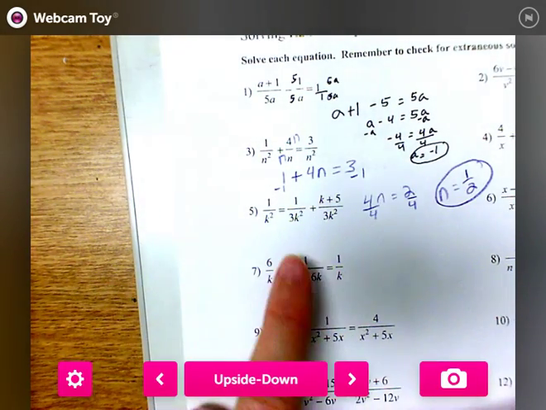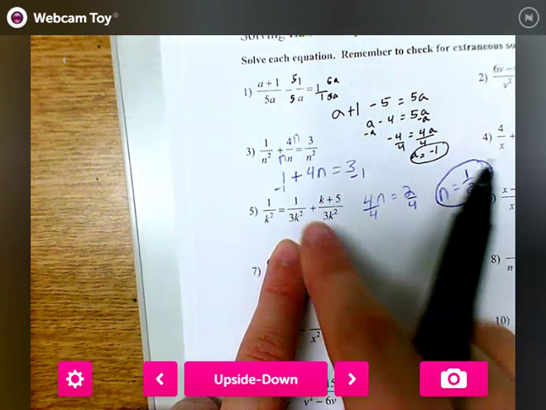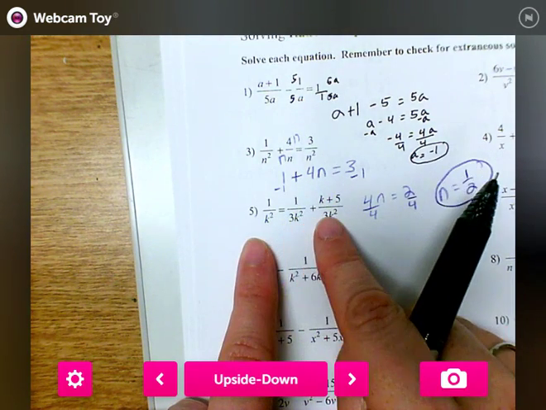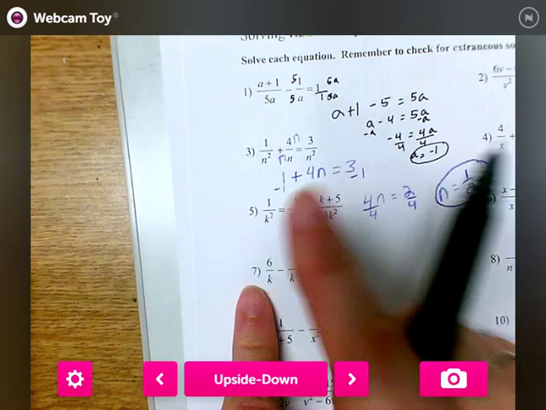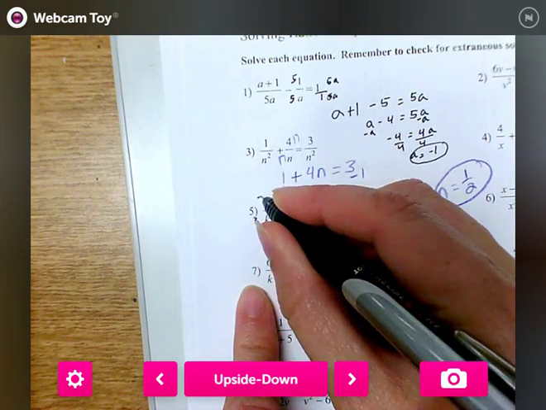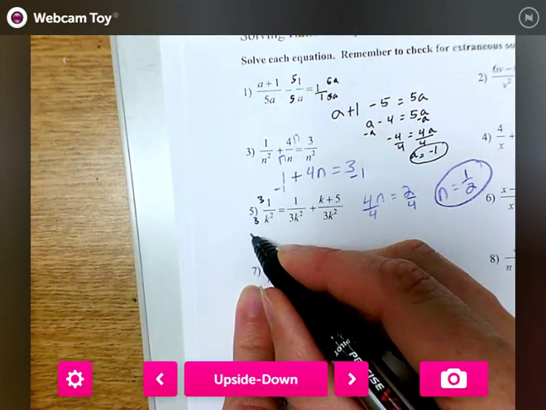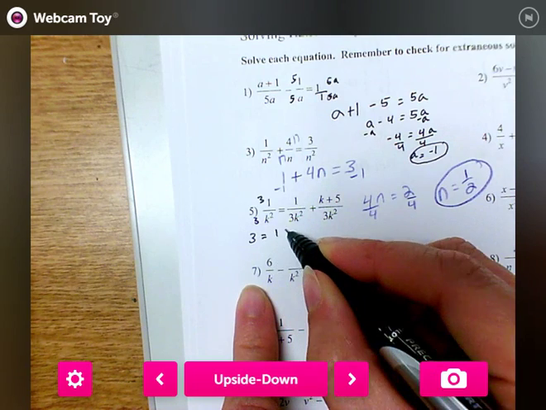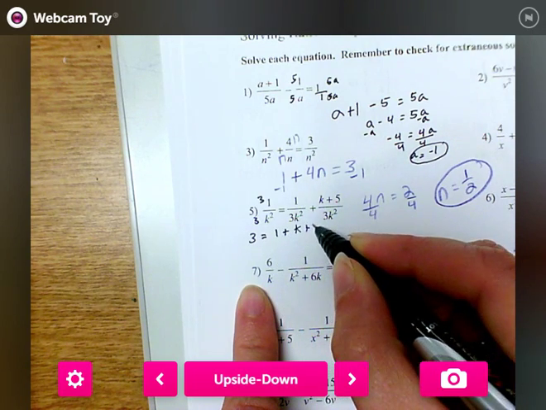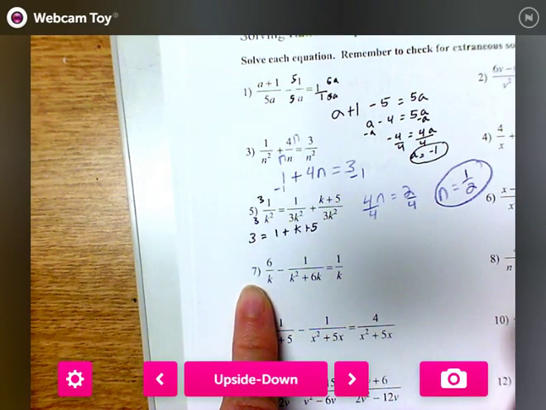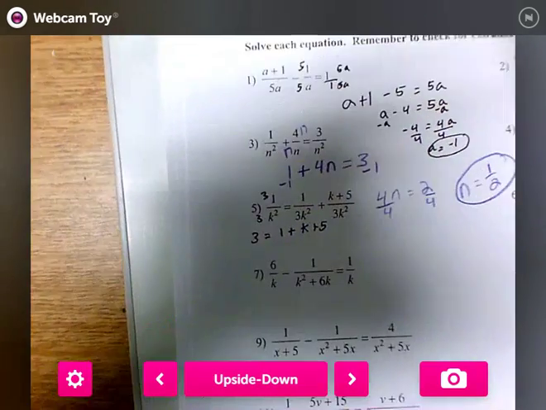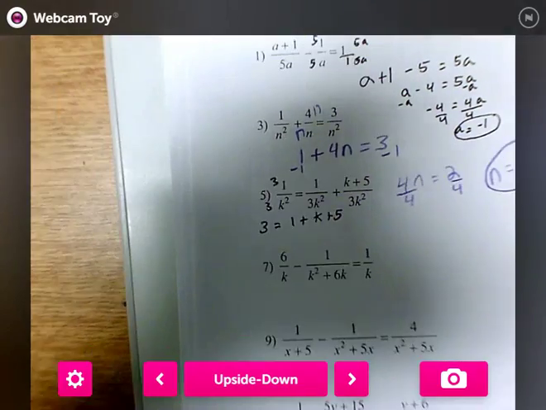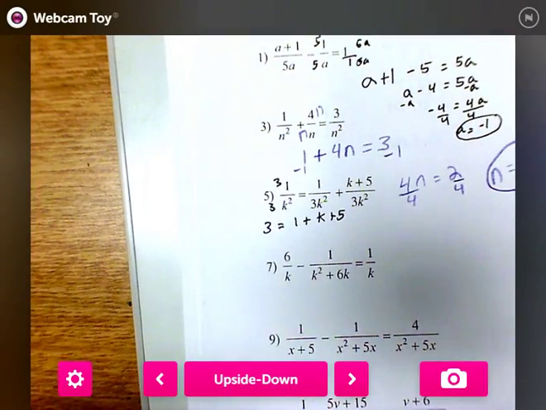Okay. So, all of the bottoms are 3k squared except the first one, so I have to multiply the top and bottom by 3. And then I'm just left with 3 equals 1 plus k plus 5. We okay? I'm going to zoom in just a little bit more. I think we're losing it.